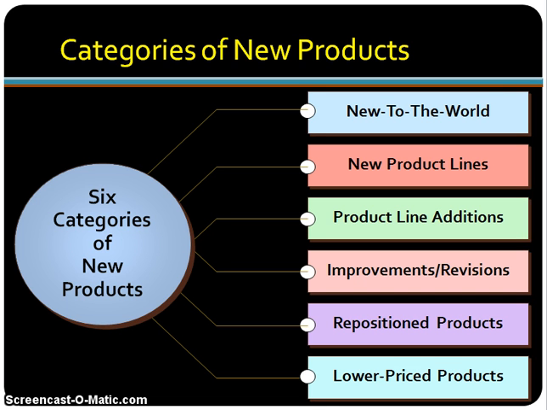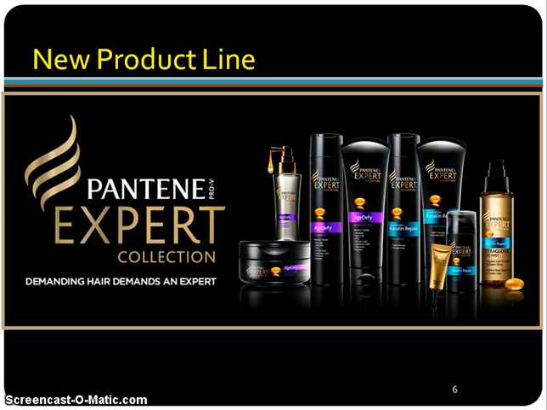So let's look at a few examples for each one. And again, your textbook gives you a brief narrative about each type of new product. So a new product line that Pantene is launching, and you can tell that there are 8 different product items in this new product line, which is Pantene Expert Collection.